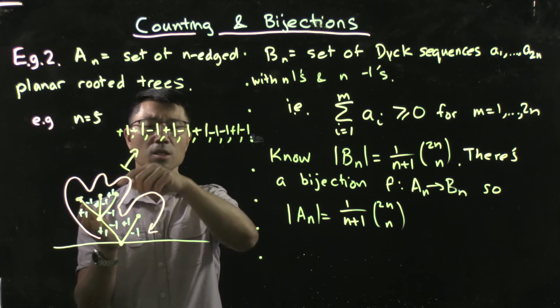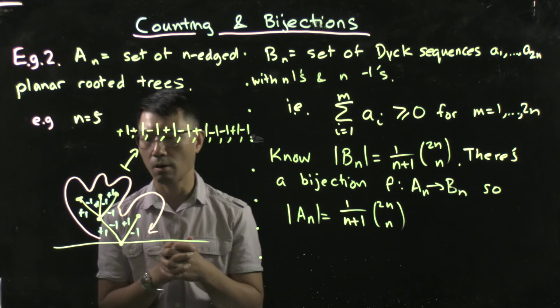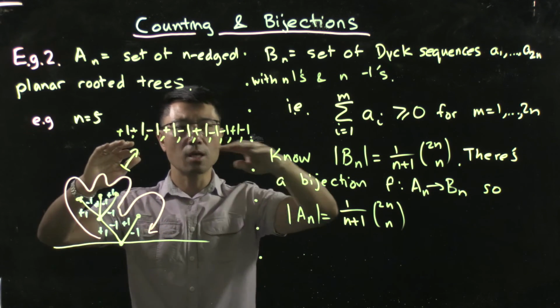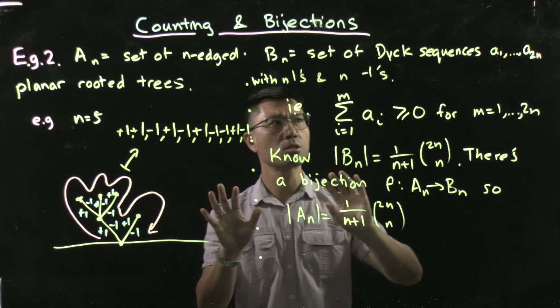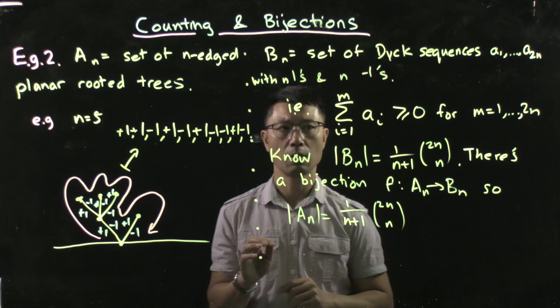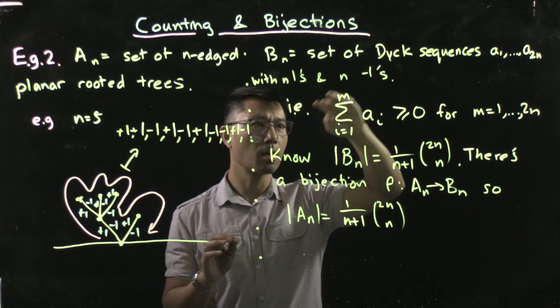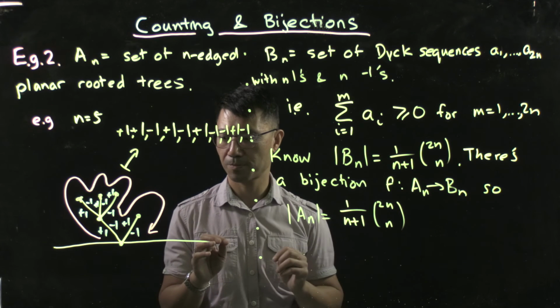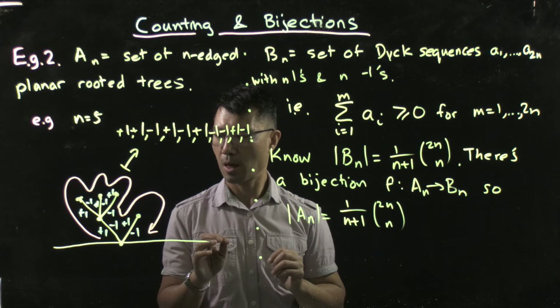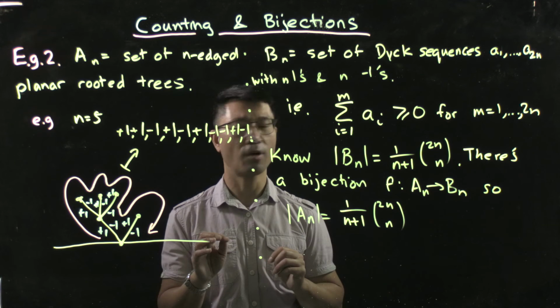So certainly this gives you a sequence of 1s and -1s, and the first thing that you should ask yourself is, well, why is this a Dyck sequence? Why are the partial sums always non-negative? Okay, and the answer is as follows.